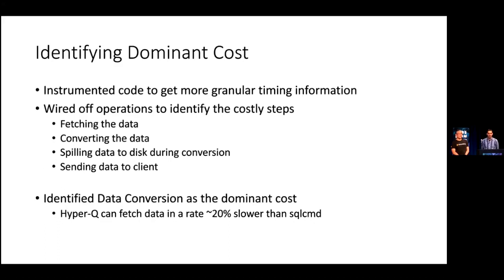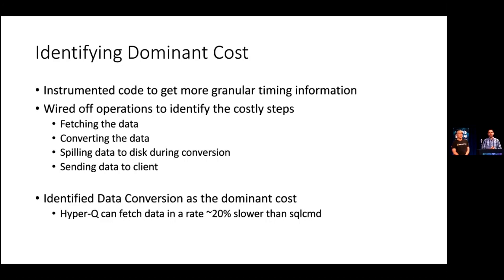We had to identify the dominant cost inside Hyperq that contributes to the overhead that the client sees. We instrumented the code to get more granular timing information, and we wired off operations in order to identify the costly steps inside Hyperq.